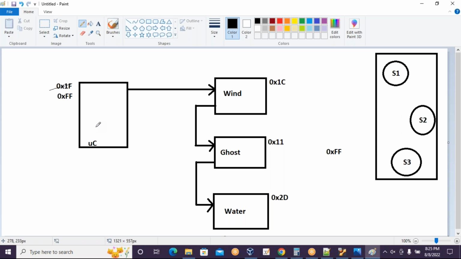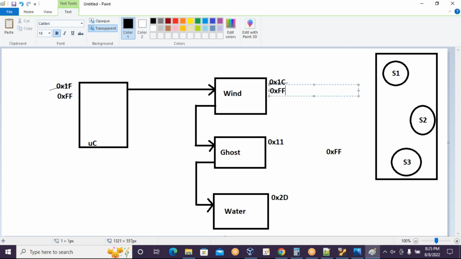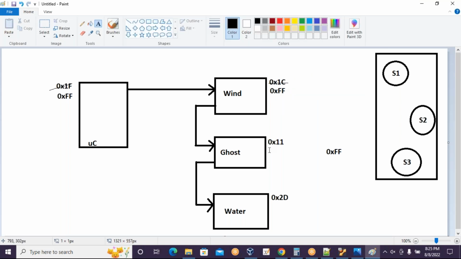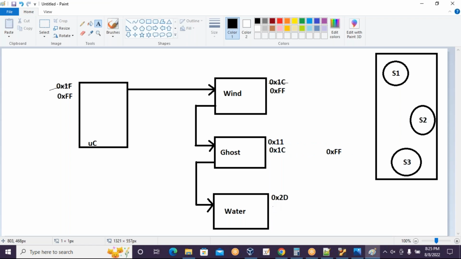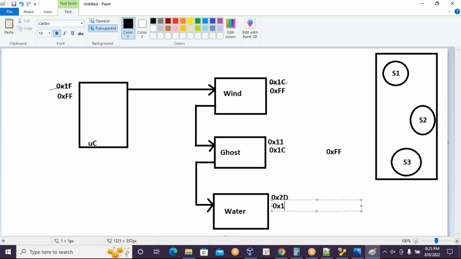Then that came to the shift register of the master. So 0xFF gets shifted here. Okay, so here I get 0xFF. But the data which was here, the 0x1c, comes here. So here comes 0x1c, and whatever was here, 0x11, comes here. Correct?